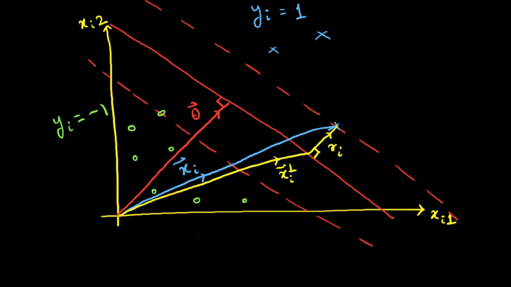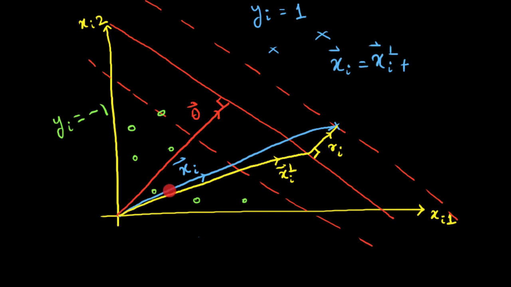So now in order to make progress, let us try to represent our xi vector in terms of ri, theta and the label yi. So now we can write our xi vector is equal to xi perpendicular vector plus this other vector.